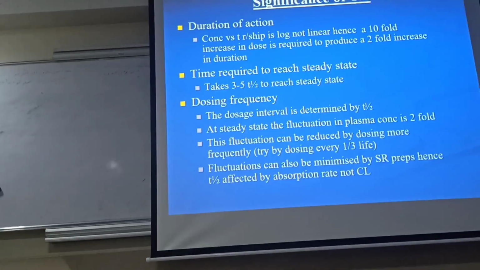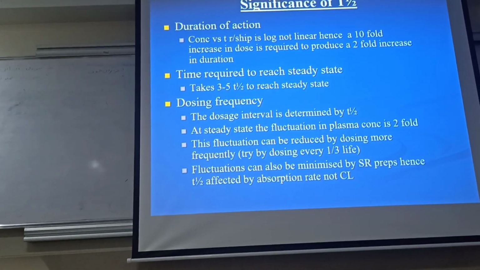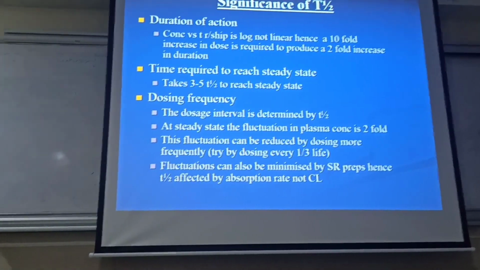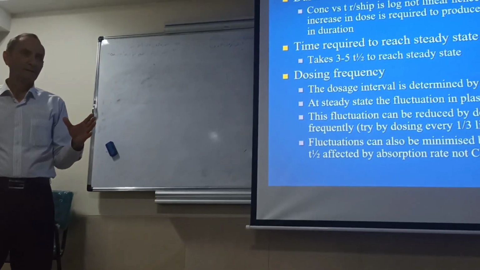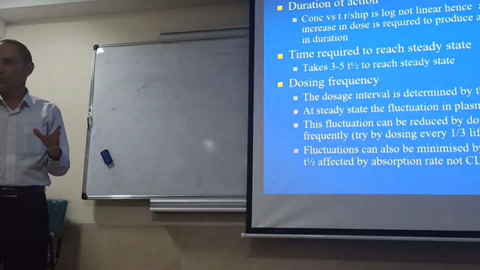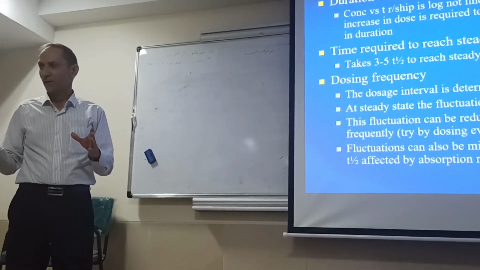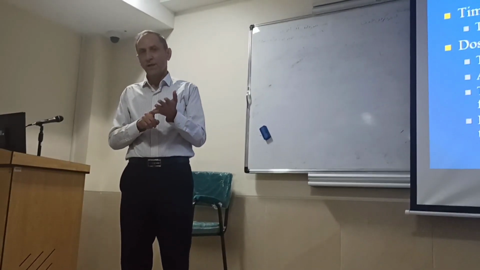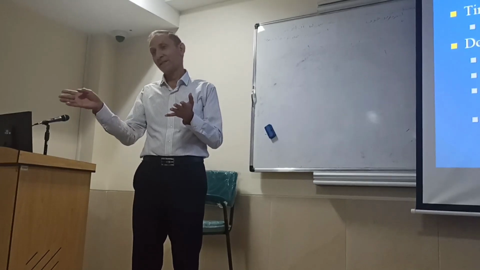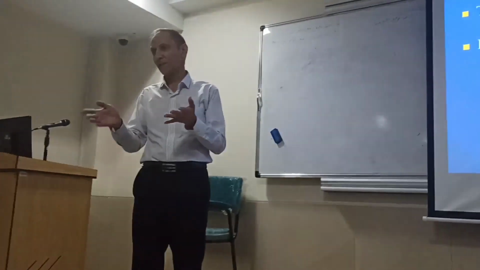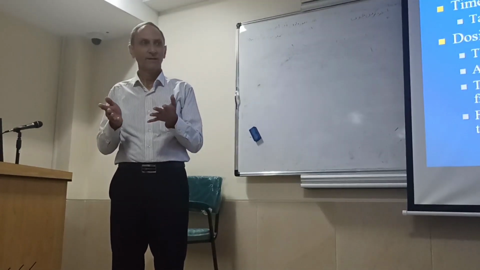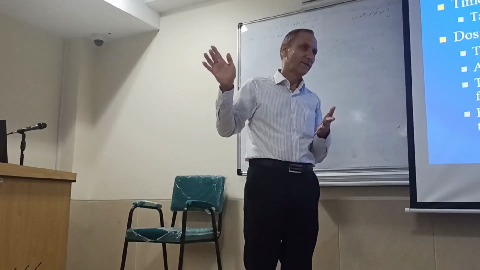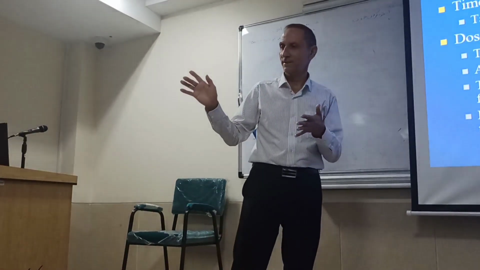What's the significance of half-life? Half-life determines the duration of action and the time interval for using the drug. In some cases we say 4 times a day, 3 times a day, every 8 hours, every 12 hours.